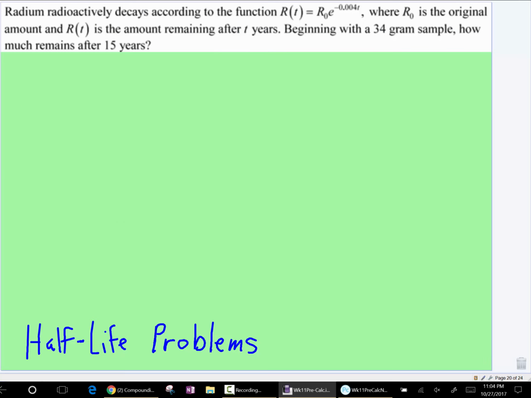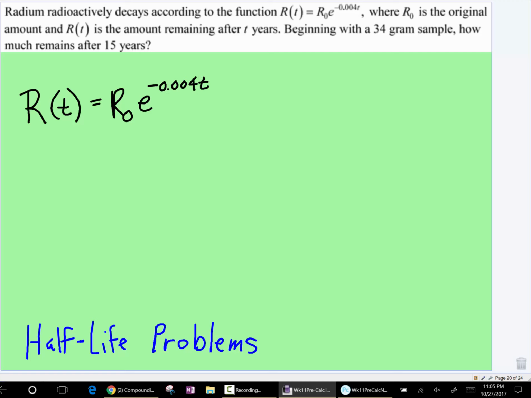All right, now we have half-life problems. Radioactively decays according to the function. So here's the function. And the R sub 0, I think, is going to be the initial or original, and then that's times e to the negative 0.004 times t.